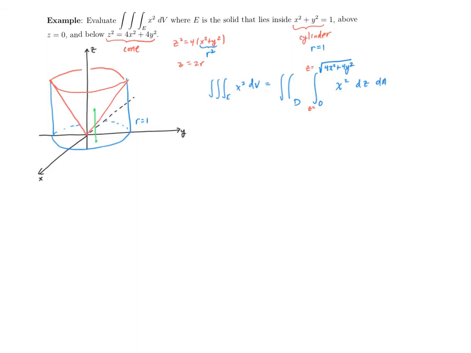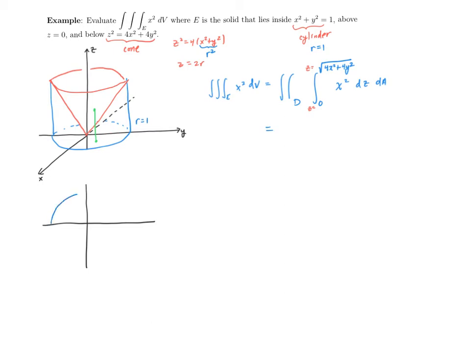Now is the new part where we go ahead and convert this into cylindrical coordinates. And before doing so, I'm going to sketch our region D in a separate coordinate system. And we can very clearly see our region D above as being the region bounded in the xy plane by a circle of radius 1.